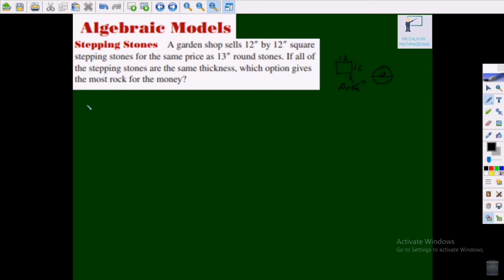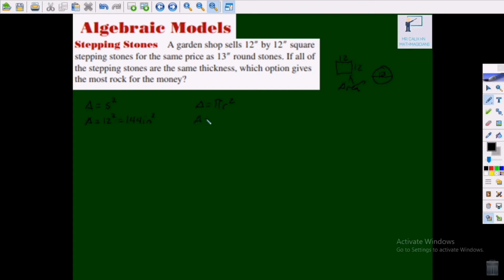So we will start by finding the area of the square. The area of the square is s squared, that is your formula. We substitute, it says that the side is 12, so it will be 144 square inches. Then we find the area of the circle, pi r squared, where r is half of the diameter.